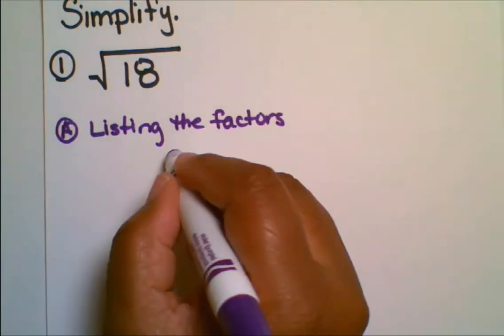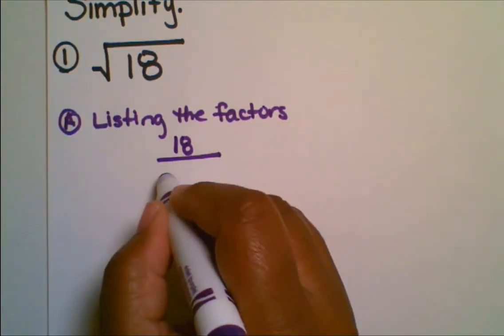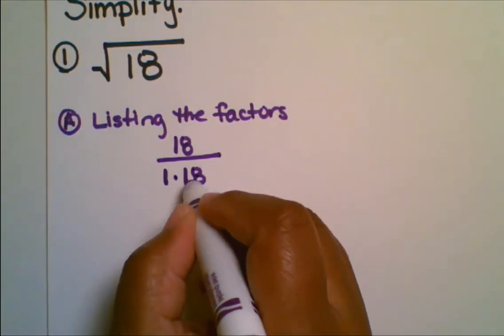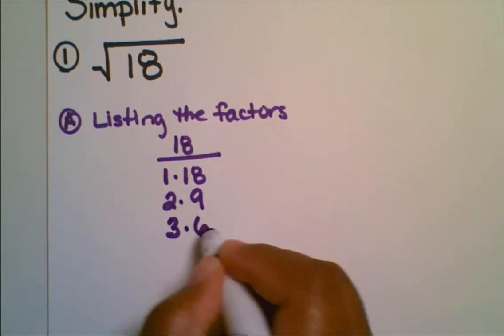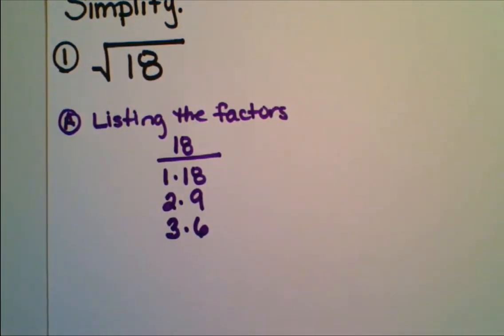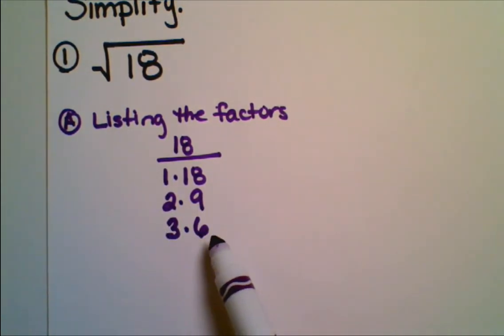So we want to find factors of 18. The factors are 1 and 18, 2 and 9, 3 and 6. As you list the factors, you want to look at a set where one of the factors is a perfect square.